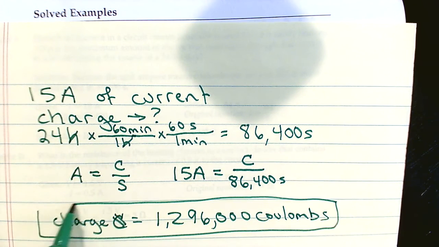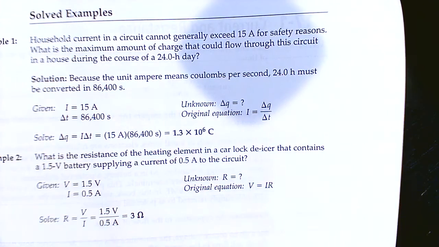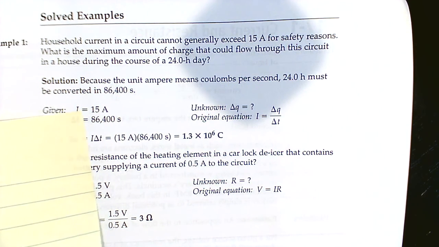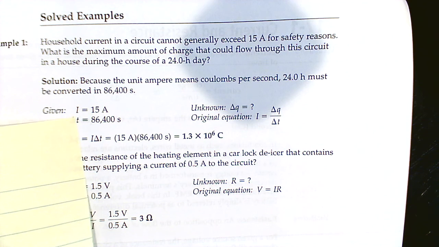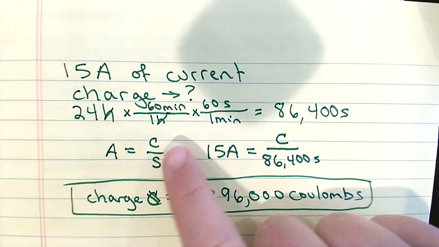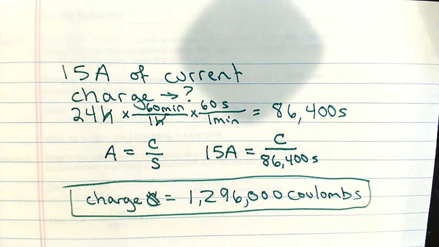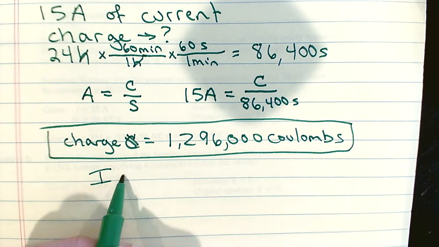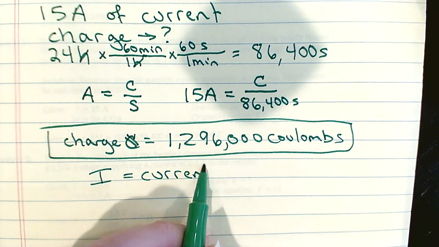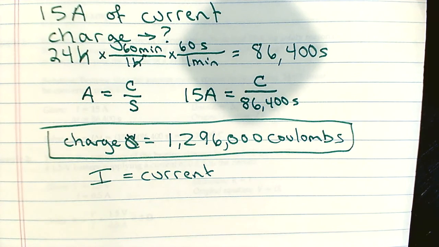But now we know how they did it. I think their work makes sense, but all of this signature stuff, an I is, for some reason, the substitute for current, probably because current and coulombs and charge all start with a C, so just be aware there. I is current. I don't know why they went with that letter.